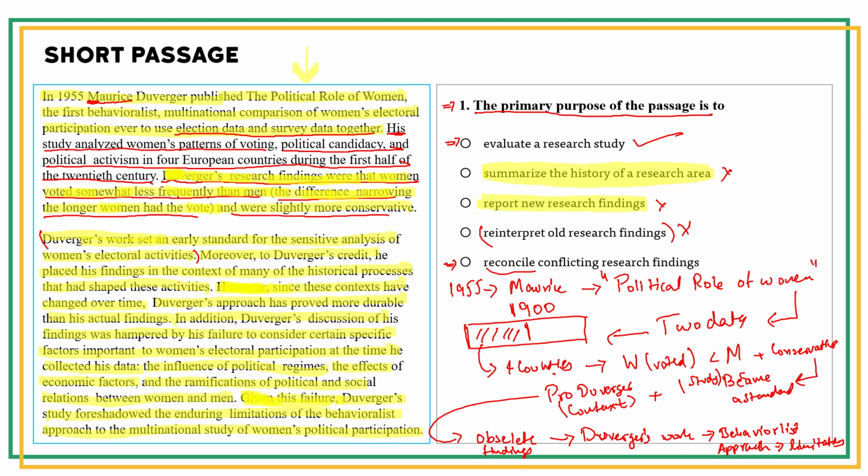Is there any reconciling of conflicting research findings? No, no, no. There's no conflicting research findings to begin with, right? There's just findings. There's no remote implication that they are conflicting, let alone a reconciliation of those findings in the passage. So the passage purpose is clearly to evaluate a research study from different angles.